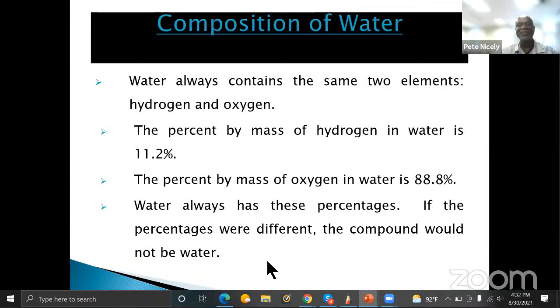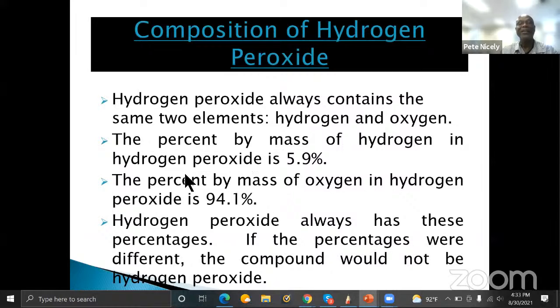Very important for you to recognize. So if you have a compound which is made up of hydrogen and oxygen, but the percentages are different, then you know that your compound is not water, because water has 88.8% oxygen and 11.2% hydrogen, respectively. Now, in the case of hydrogen peroxide, the percentages are different.